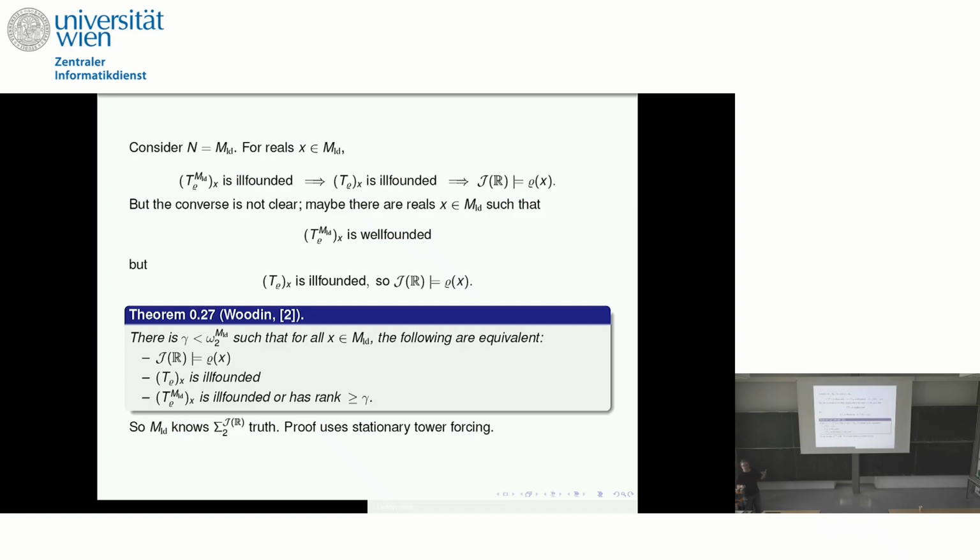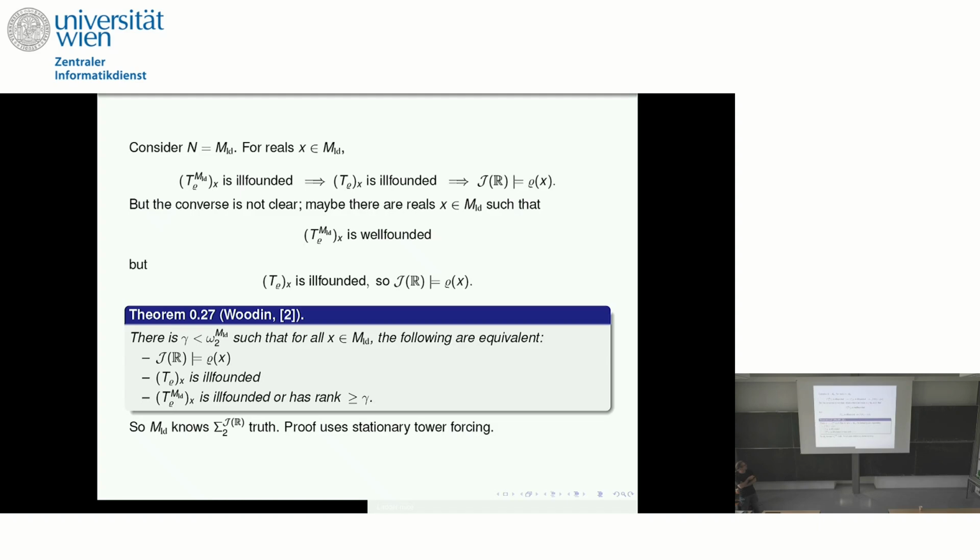But I'm trying to think about now, can M_ladder compute Sigma_2 truth? We've got its version of the tree, we can consider its projection and so forth. So if x is in here and this tree is ill-founded, then that certainly is true. However, the converse isn't clear. There could be a real in here such that M_ladder's section at x is well-founded, but the true tree is actually ill-founded at x, because it's the bigger tree. So you can't just use the tree directly.